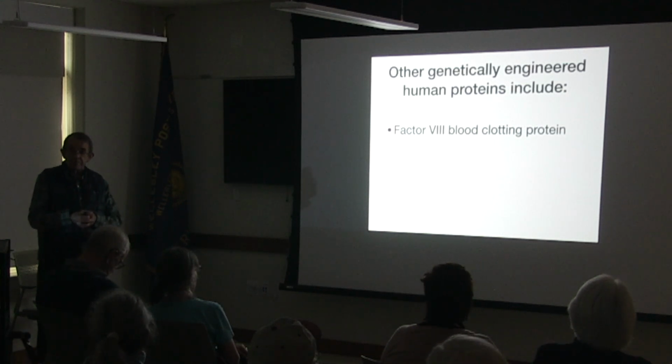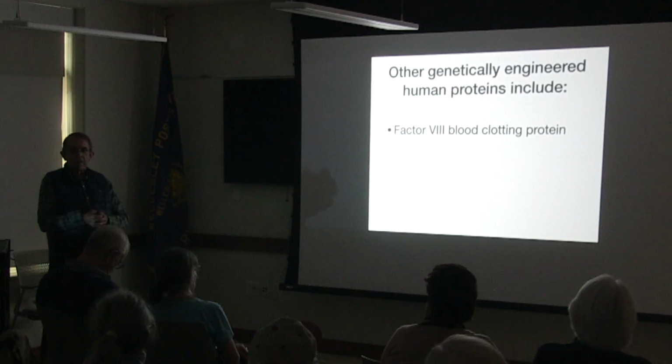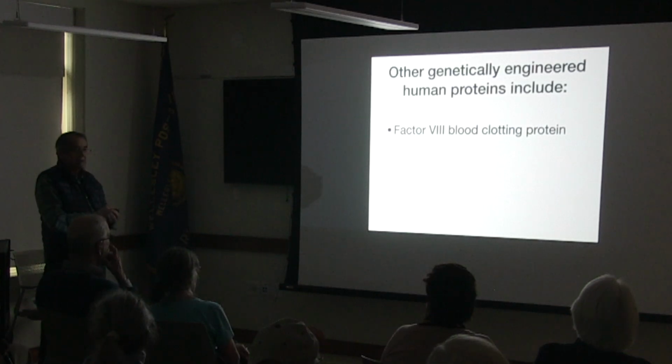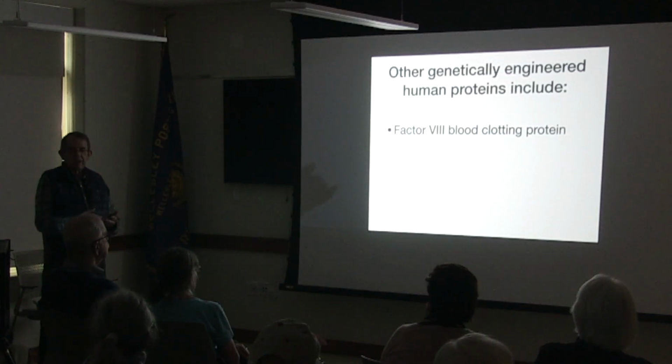So a number of people, and we know one individual, a hemophiliac, died of AIDS. By the mid-90s, we were producing factor VIII from bacteria by that very method that I just went through. It's purified, it's human, and it's relatively cheap.